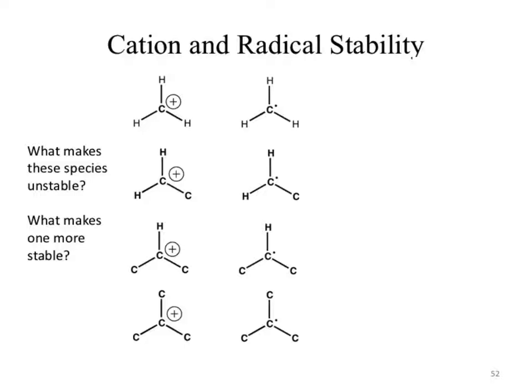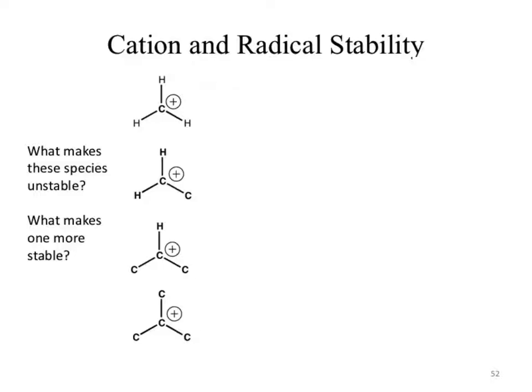Because there's too many things on that slide, let's go ahead and clean that up. Let's just look at the cation, because cations are easier to understand. Why are each of those structures unstable? They're all charged. They're missing their octet. So they want more electrons.